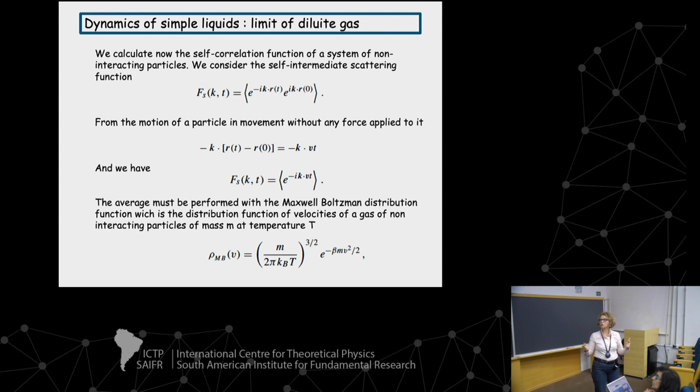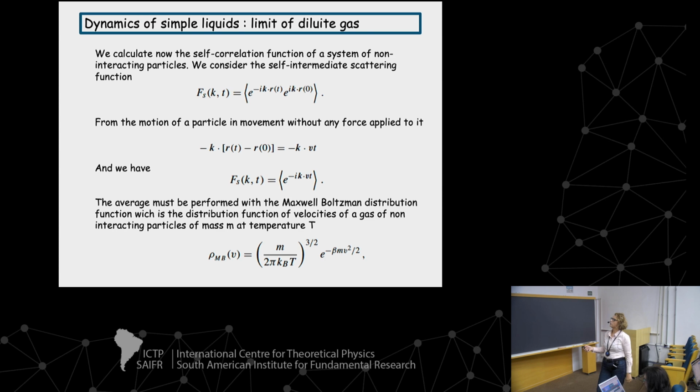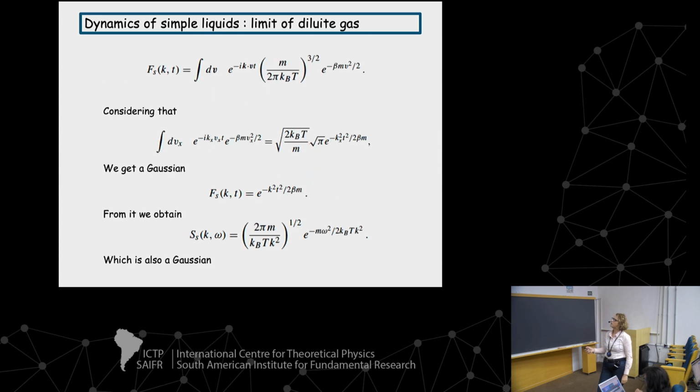But when I want to make an integral, I have to weigh them with their probability, because there is also a little probability that some particle will go very slow and some other will go very fast. But on the average, they will go with average velocity that is the temperature of the system, and they will take all the configurations compatible with this distribution in their phase space. Okay, so this is the average.